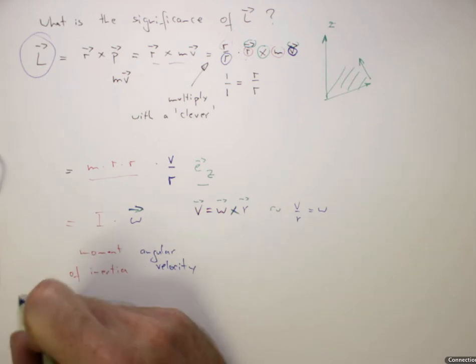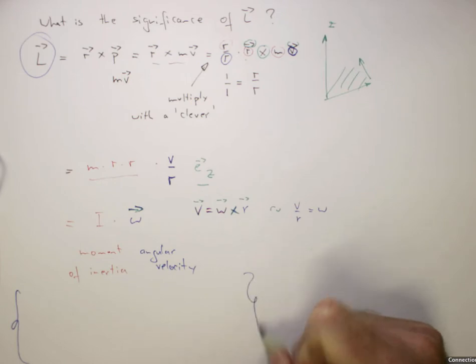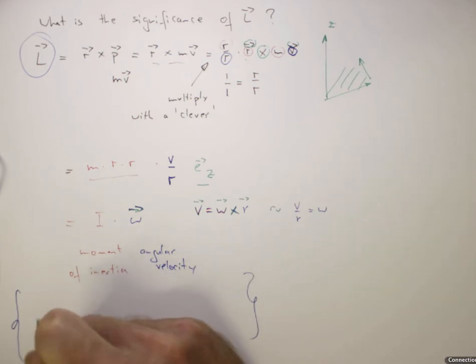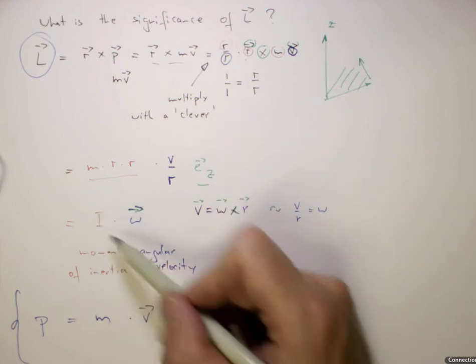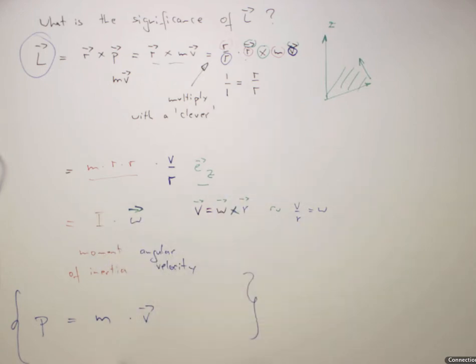So the angular momentum is also equal to the product of moment of inertia times angular velocity. And again you can see that this is an analogy to linear mechanics, because there we have p equal to the inertial mass times the linear velocity. Here we have the inertial moment times the angular velocity. In linear mechanics we have mass times linear velocity.